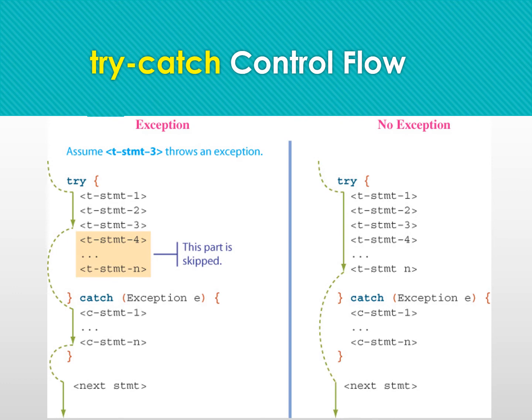This is a graphical way of explaining this. For example, you have try, and you are suspecting that maybe this piece of code will trigger some exception, so you put it in the try block, and then you have catch. This catch block will handle whenever an error happens in the try block.